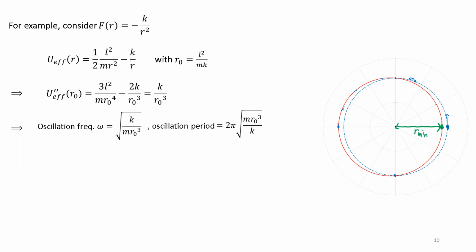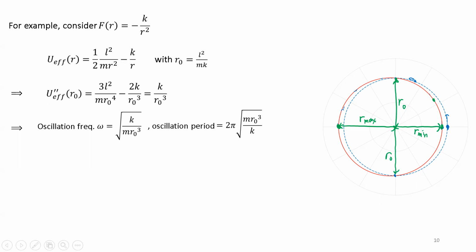Then as this particle moves over here, at this point it goes back to R naught. As it keeps moving up to here, this is the R max. Another quarter cycle later, R naught again, and then R min.